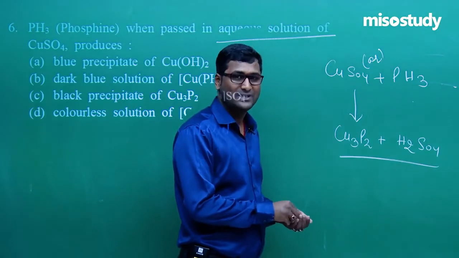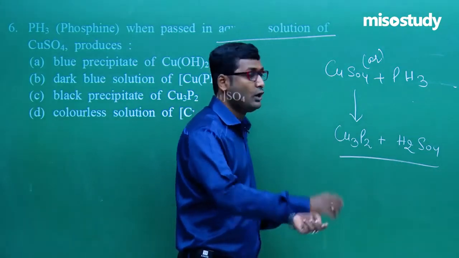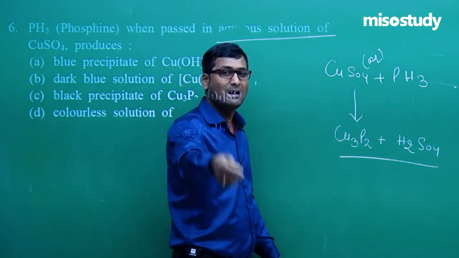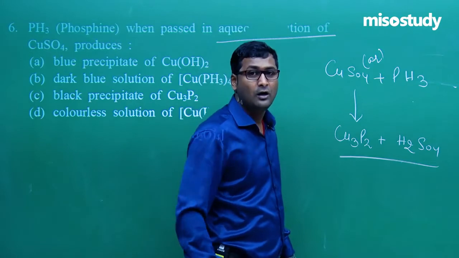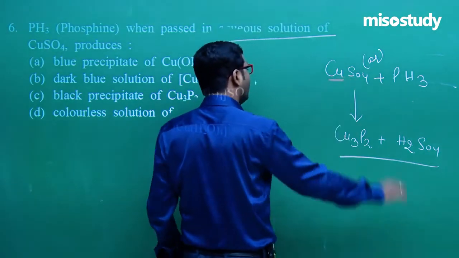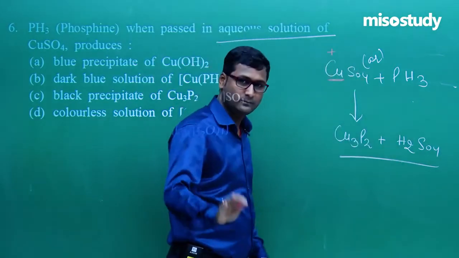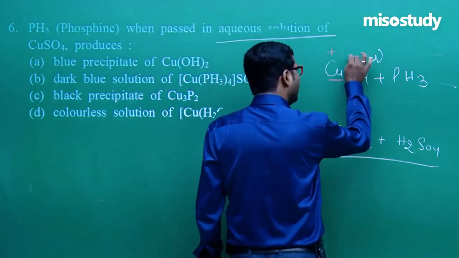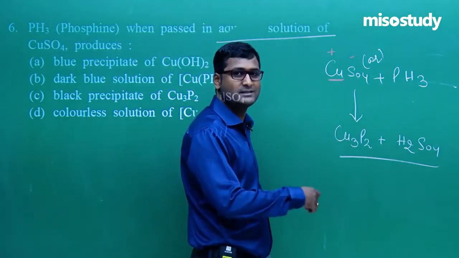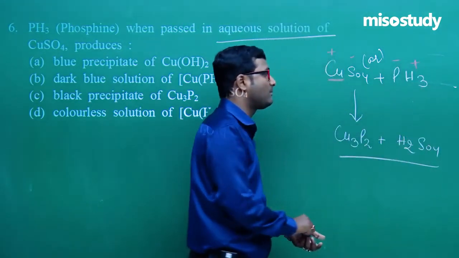How does the reaction proceed? As I told you, even if you do not know the inorganic mechanism, no problem. Put a plus sign on the most electropositive atom and a minus sign on the most electronegative. Cu is a metal, so it will acquire the plus sign. P will acquire the minus sign and hydrogen will acquire the plus sign.